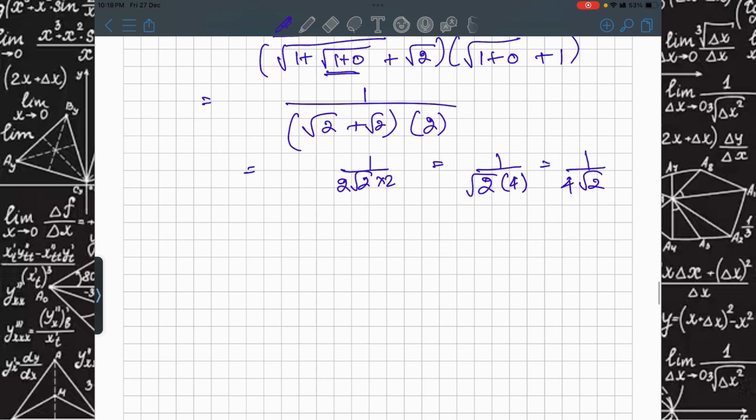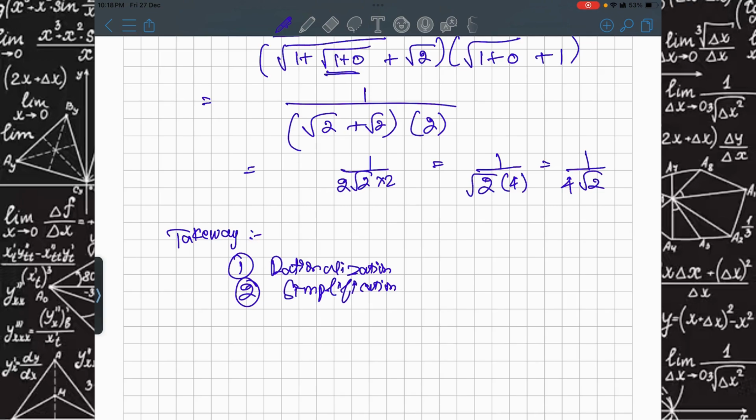So in this question, the main takeaway is nothing but rationalization and simplification. If the numerator or the denominator, basically the numerator only, if it is very complex and it contains root, that is another important point.